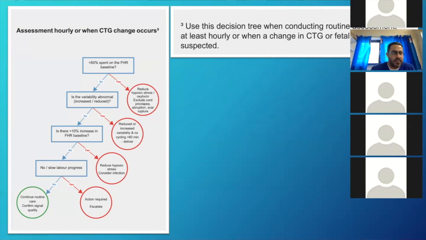Yes, I just wanted to cross-check how many crosses are needed for the right signal in the STAN. So the idea is that you need to have at least one check per minute, so one cross per minute. If you have gaps within the monitoring, you can't be reassured because the machine is not checking.